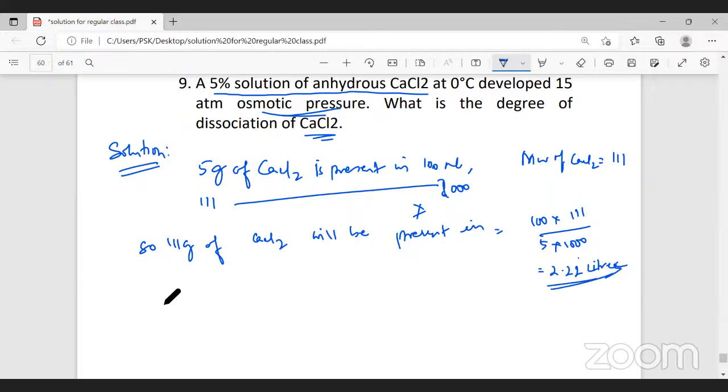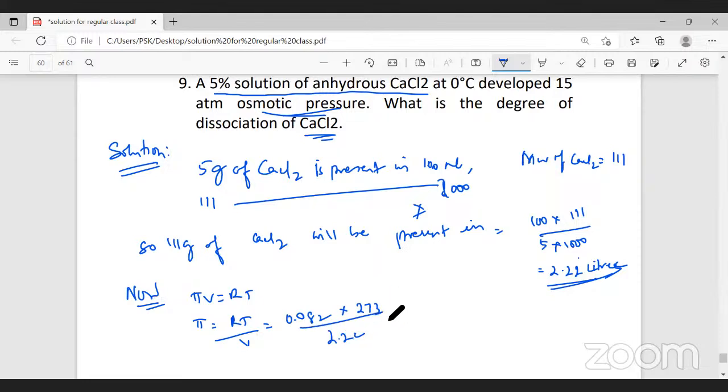Now we know that this is based on osmotic pressure. We know that πV is equal to RT, so π will be RT by V. R is 0.082 and the temperature, 0 degrees Celsius, is 273 Kelvin, and the volume we found to be 2.22.